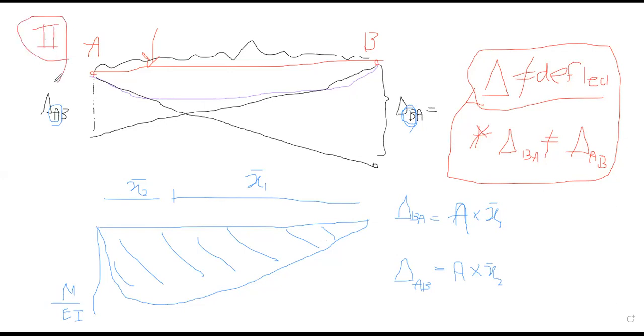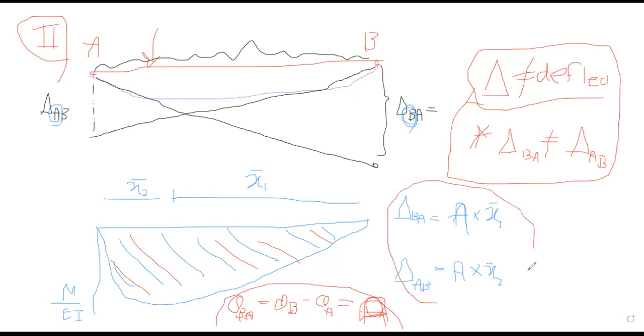The first theorem says theta B minus theta A, called theta BA, is the area under the M over EI diagram between these two points. If it is theta AB, then it is theta A minus theta B.